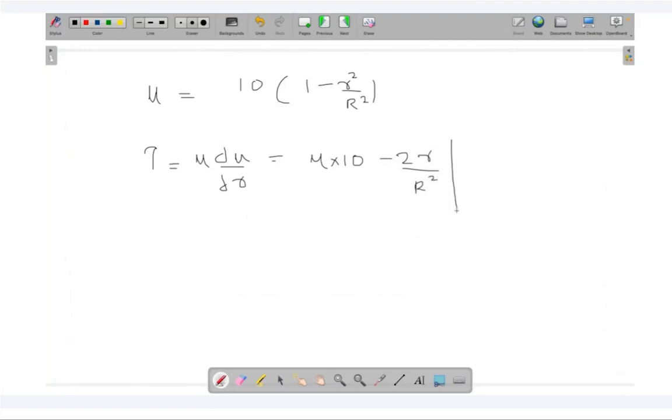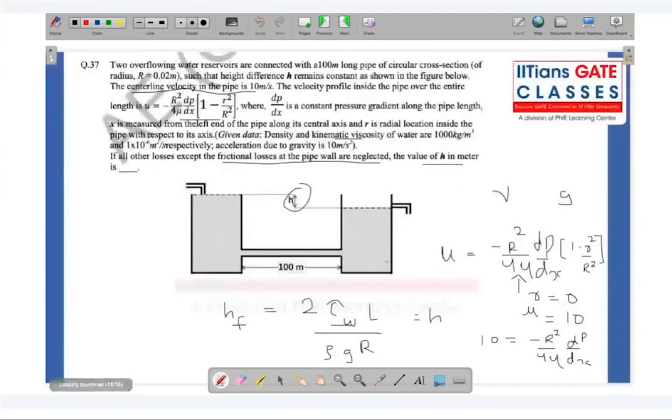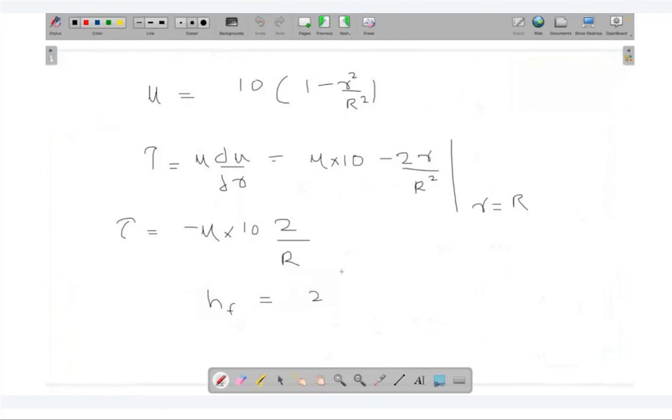Since I'm finding the friction at the wall, r equals capital R. My tau will be minus mu into 10 into 2 by r, since this r and this r cancel when r equals capital R. And my head loss due to friction is 2 tau L by rho g r.